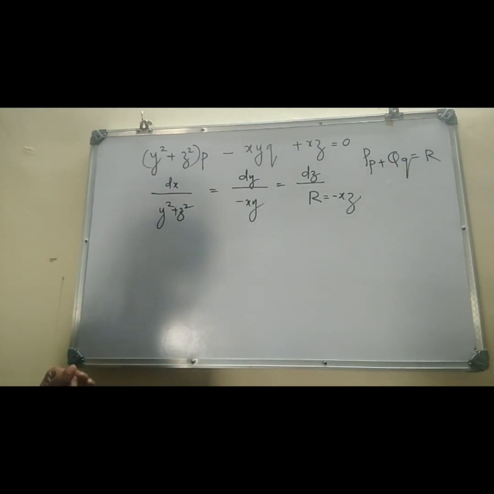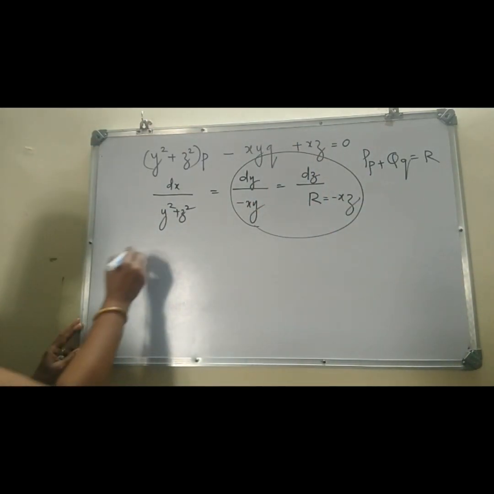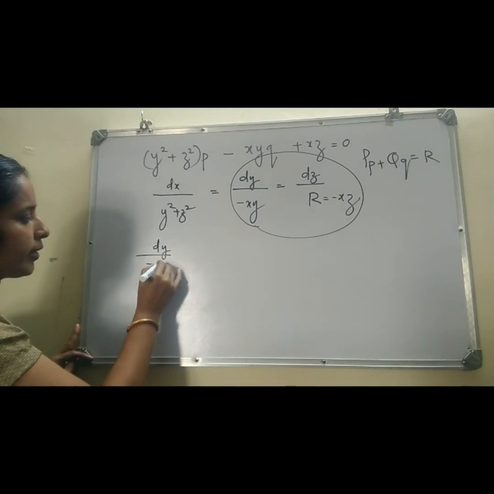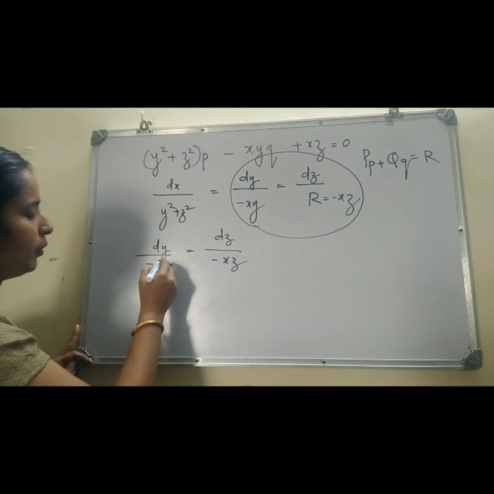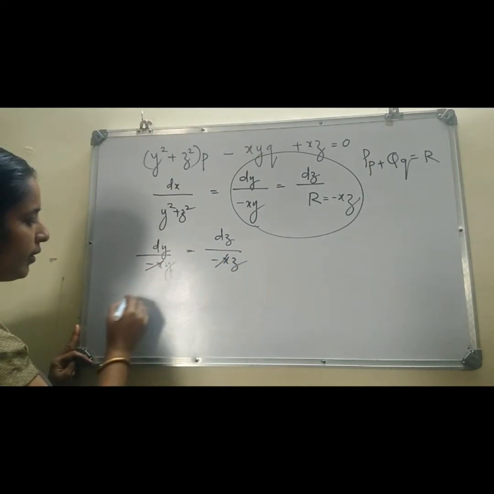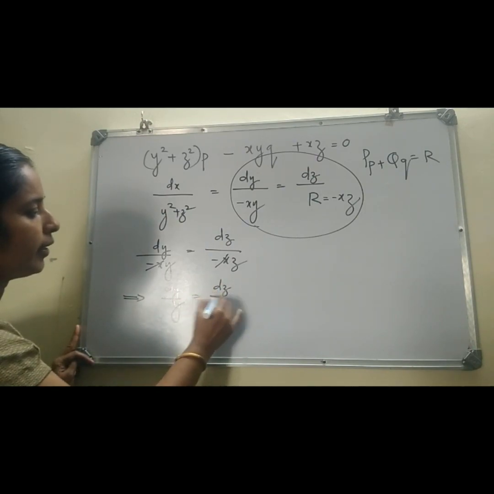See, looking at these auxiliary equations, you consider the last differential equation. It is dy by minus xy is equal to dz by minus xz. You can remove this minus x, which implies dy by y is equal to dz by z.